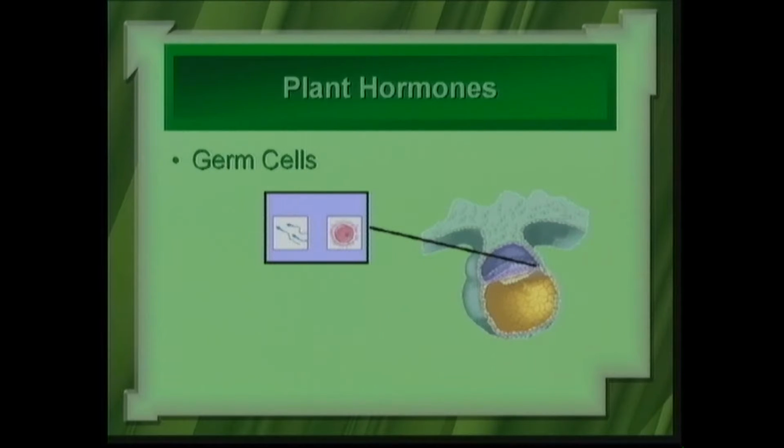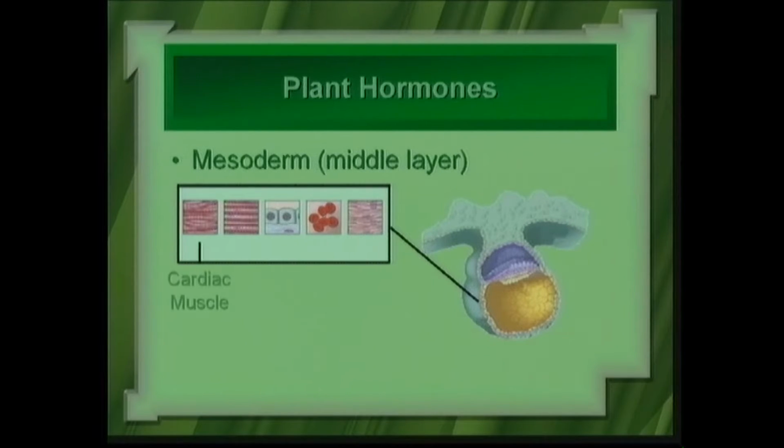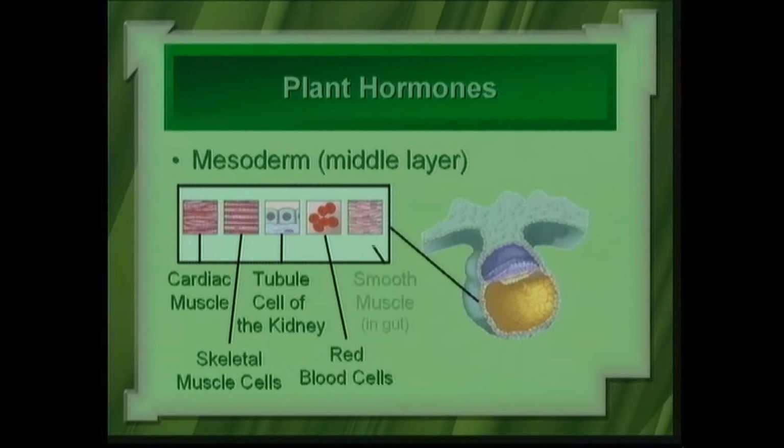Then we also have what will develop into germ cells that will eventually give rise to egg or sperm. Then we also have a middle layer, which also differentiates into other kinds of tissues.